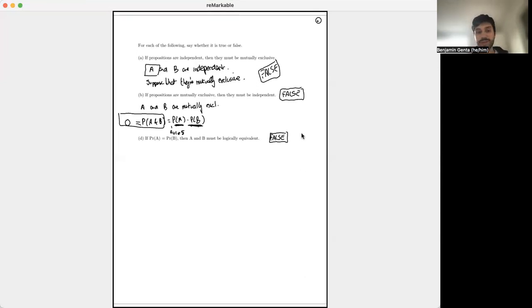But it's not the case that if the probability of A is equal to the probability of B, then they must be logically equivalent. So here's just one counterexample, right? You might have A and B, and they both take 50% of the space. And so they have the same probability, but they're not logically equivalent, right? They're not saying the same thing. In fact, they're mutually exclusive in this case.